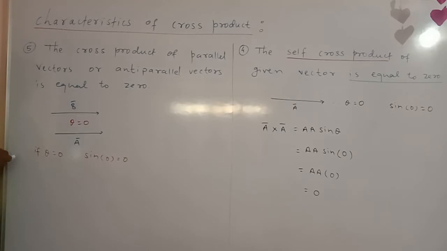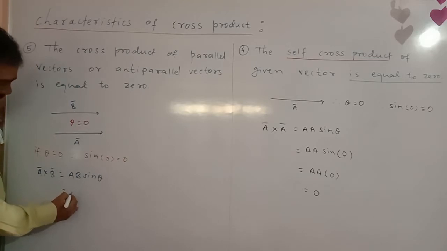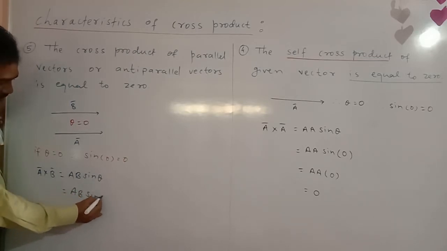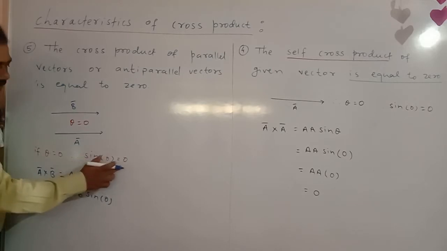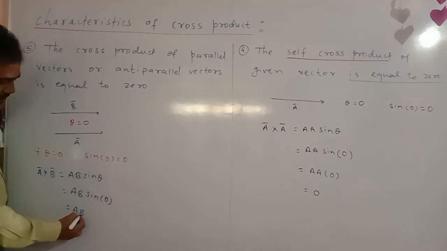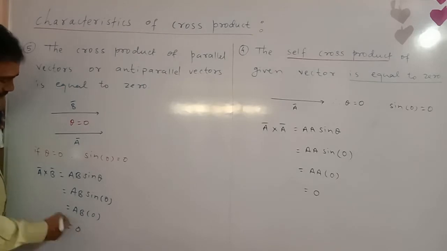The cross product of these two vectors, vector A cross vector B, is equal to AB sine theta. So write down here instead of theta 0, that is AB sin 0, and we know the value of sin 0 is 0. So therefore AB into 0, that is 0.